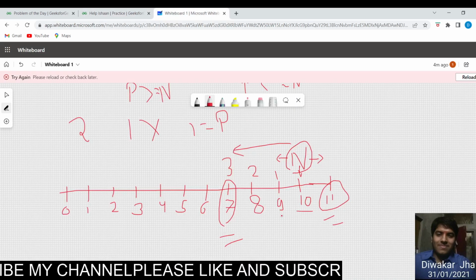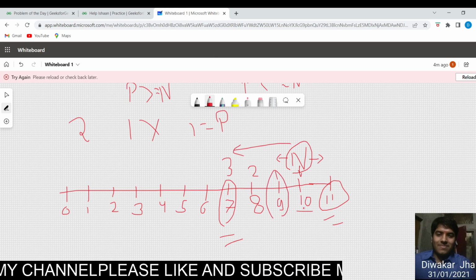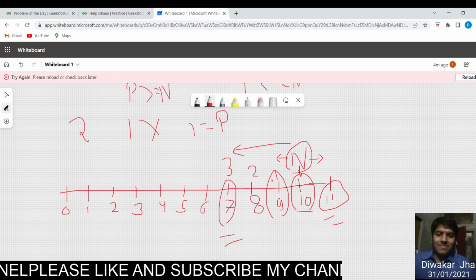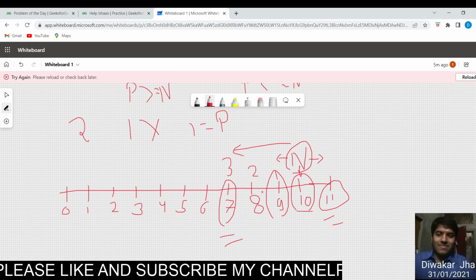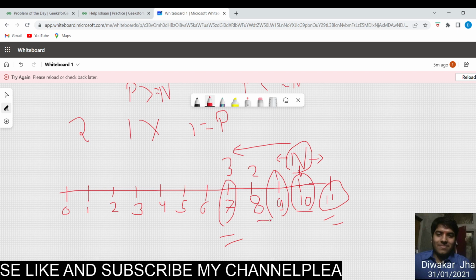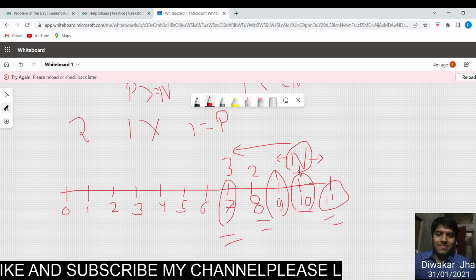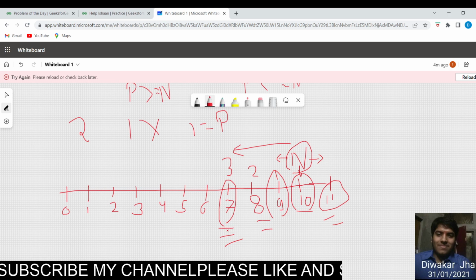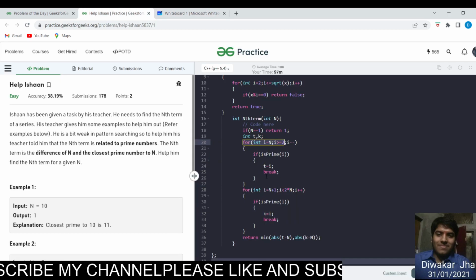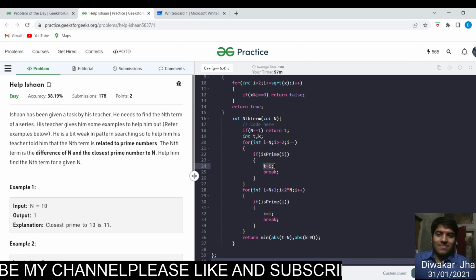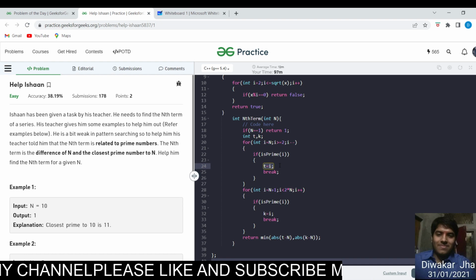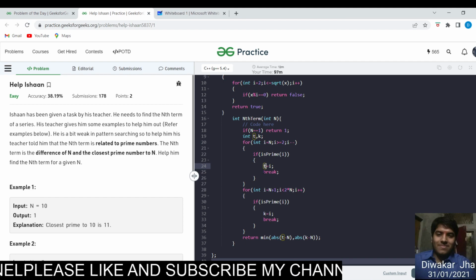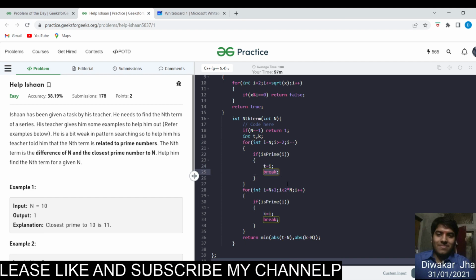For example, firstly we check if 10 is a prime number, not, so we move to 9. 9 is not prime, so we check 8, not prime. Then we check 7, yes. So we store the prime number in the variable t, and we break.